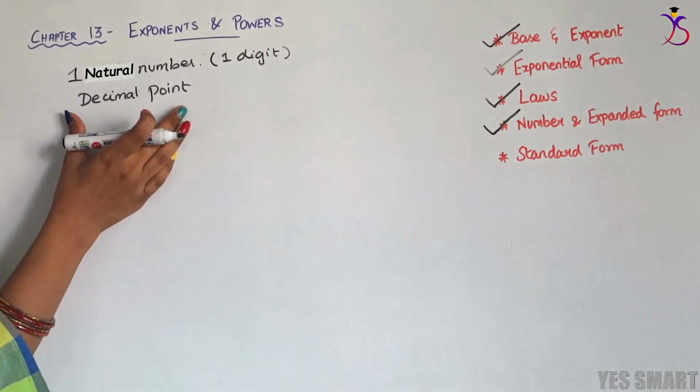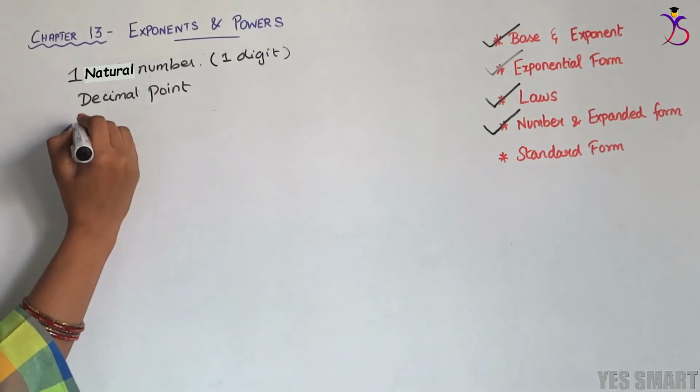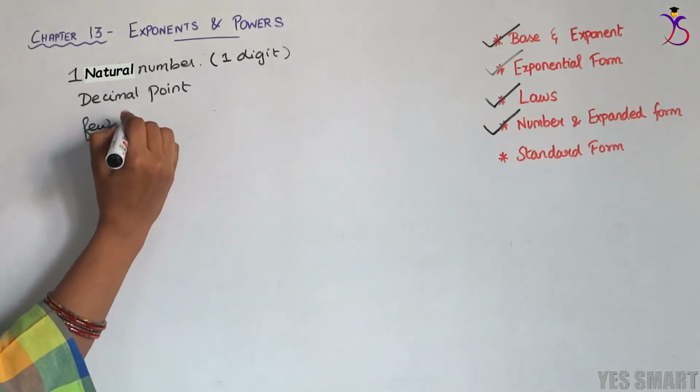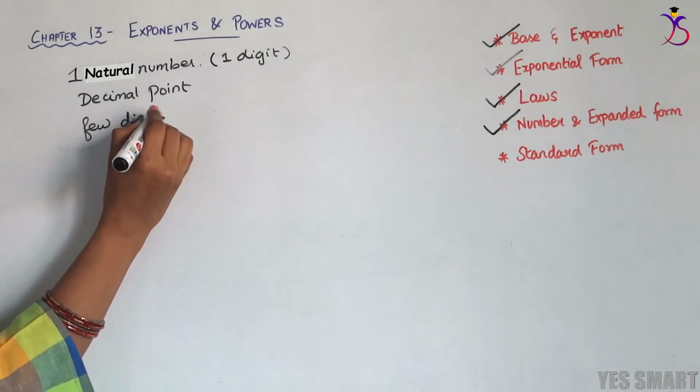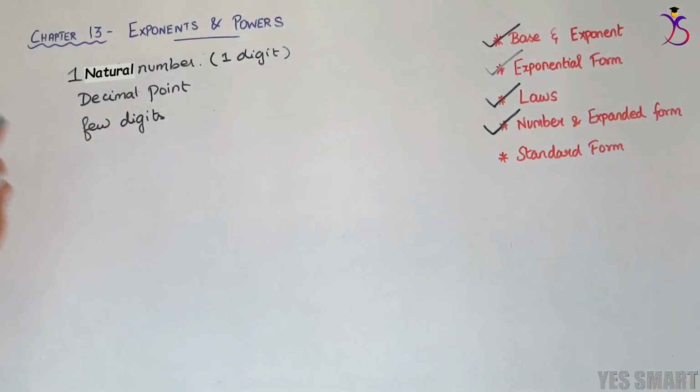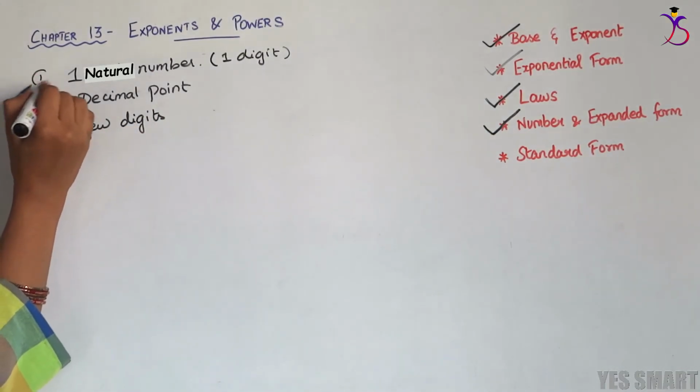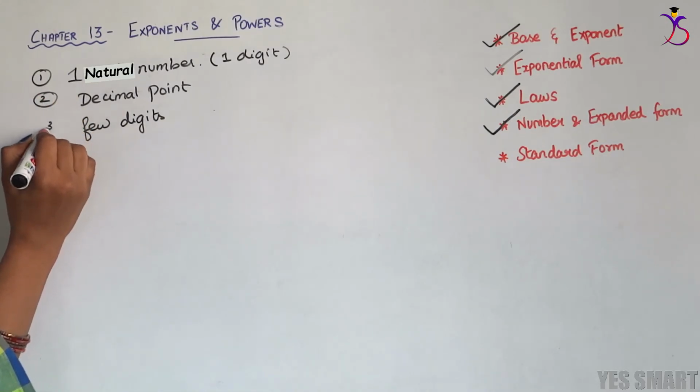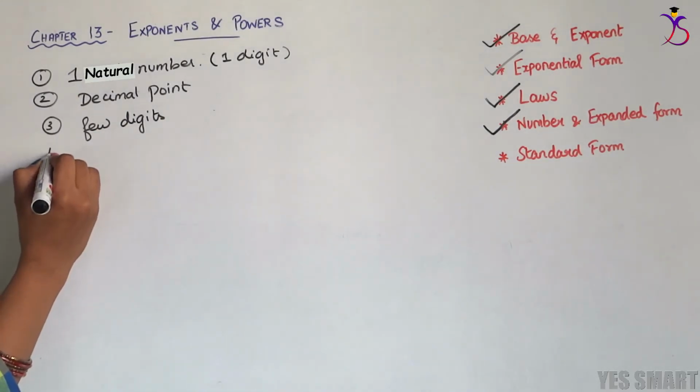So only one natural number followed by a decimal point. Then we can have a few digits, any number of digits. So this will be the first part, this will be the second one, and this will be the third part. The fourth part is the exponent part.